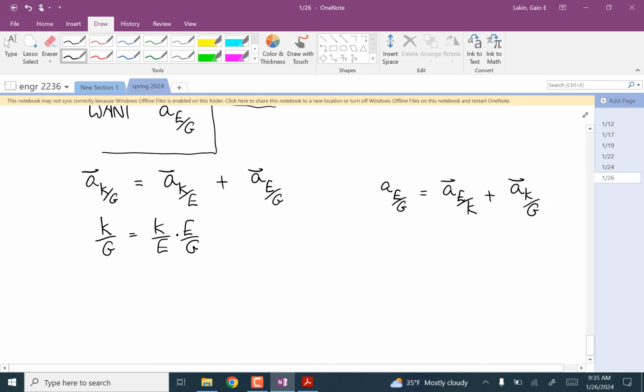That's kind of a crazy way to think of it, but you now know that this is equal to negative acceleration of keys relative to the elevator. The other two make sense. As long as that fraction multiplication works, it works. So you can put them in any order, don't even think about the problem, then just do the switching subscript, switching signs thing to make them match. And that always works for problems.